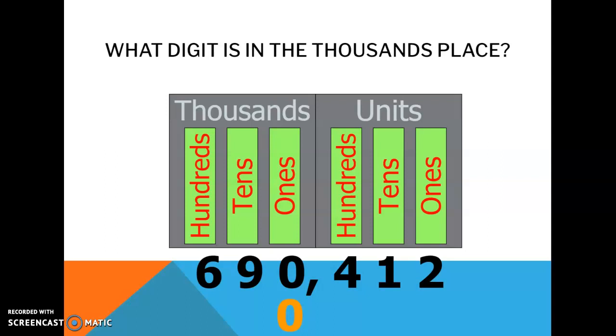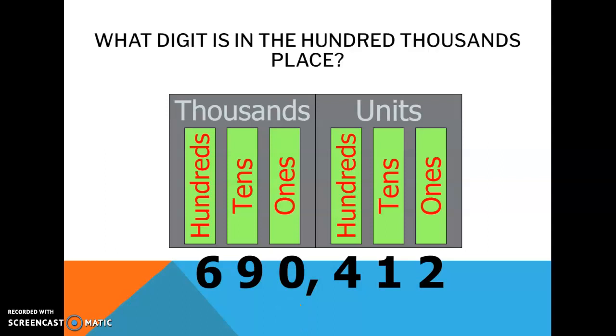What's the value of 0, Miss Stiltner? 0 is 0, but when 0 is in the thousands place, it means there are no 1,000s. What digit is in the 100,000s place? That's right, the 6.